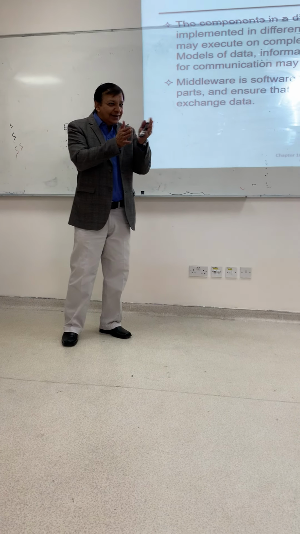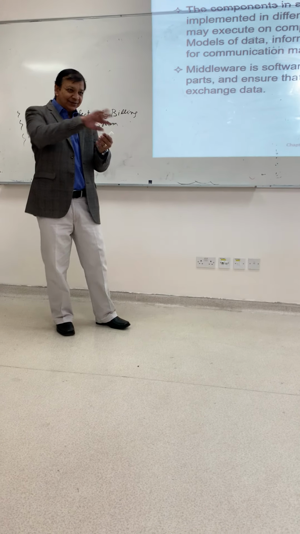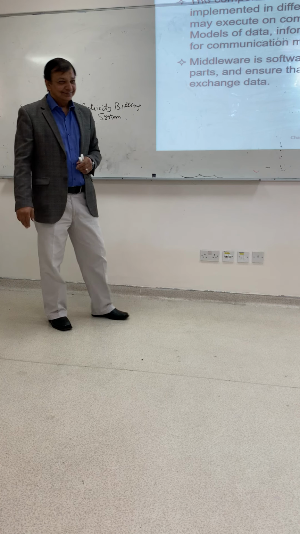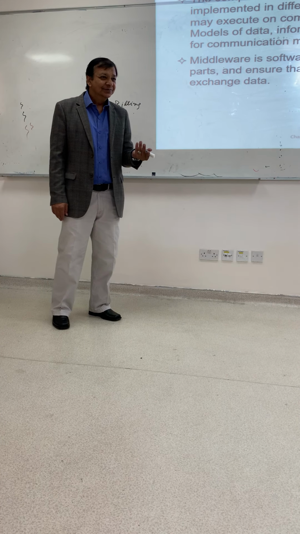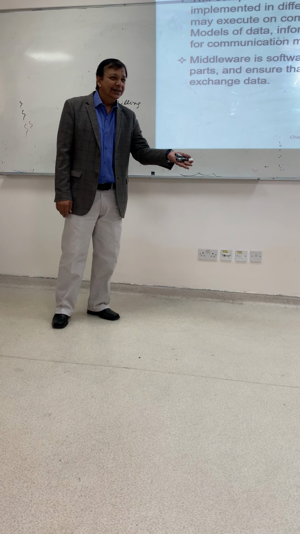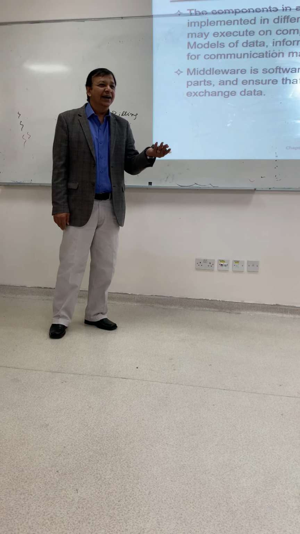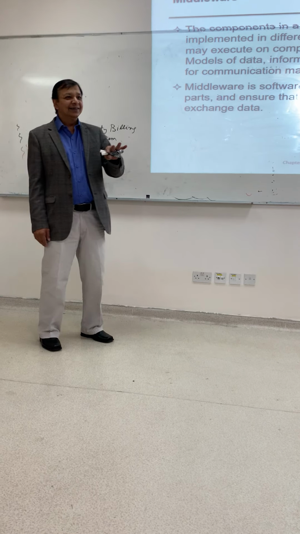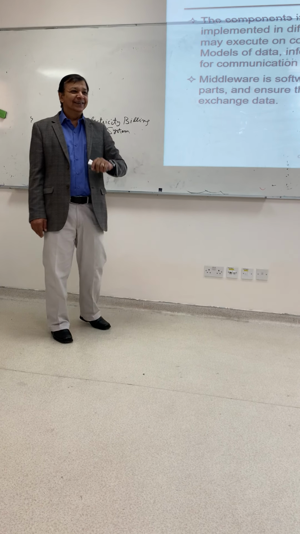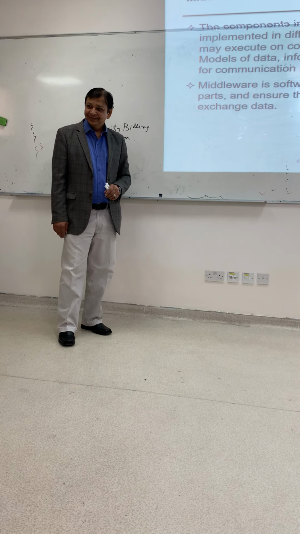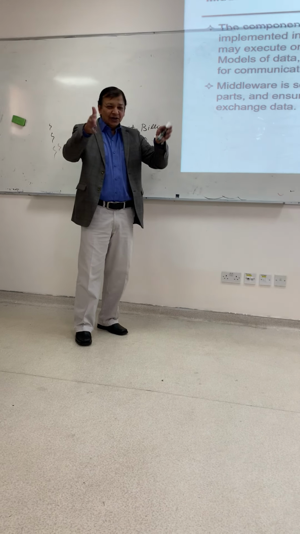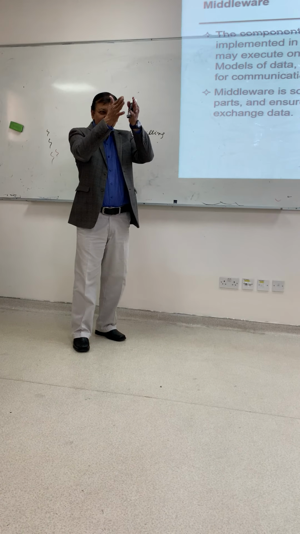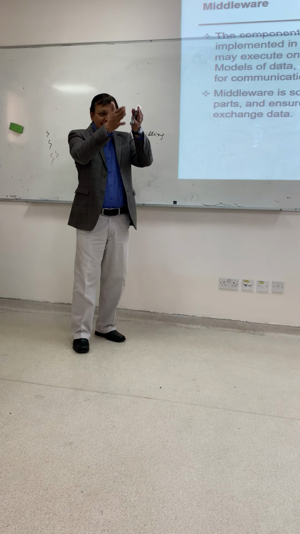So you need a translator to communicate, or like the job of a compiler, translating high-level language into machine language, because the machine doesn't understand high-level. The compiler is there, the interpreter is there. Same here at the application level. You need a layer in between, a middle tier in between.